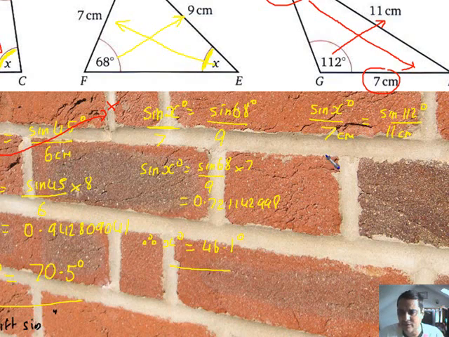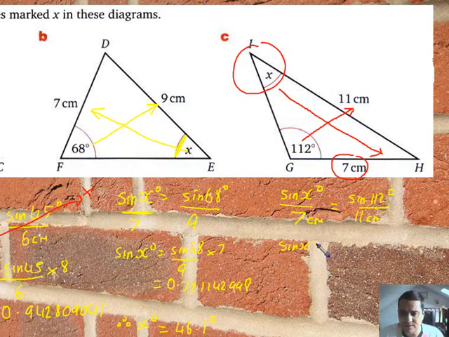You take the 7 over and multiply. So sine X is going to be the sine of 112 degrees all over 11, and then of course you multiply by 7, and that's going to give us something. So listen up. Sin 112, divide by 11 and multiply by 7, sorry.